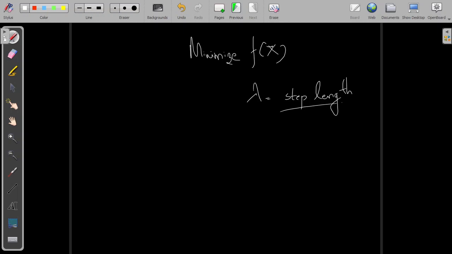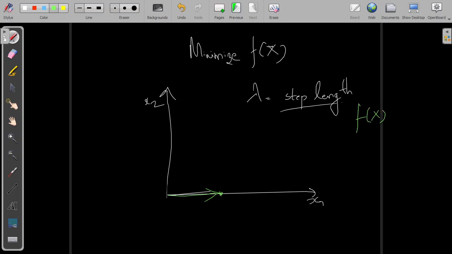Again consider the x1 x2 plane, right? First you have to move in the x1 direction, which we have already discussed. But the question is whether you have to move in the positive direction of x1 or in the negative direction of x1, so that f of x is minimized.